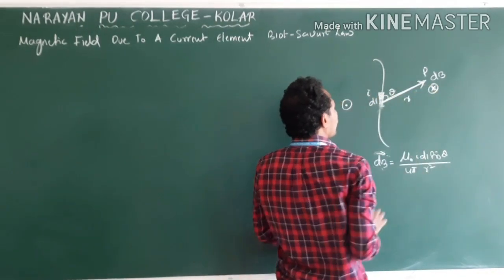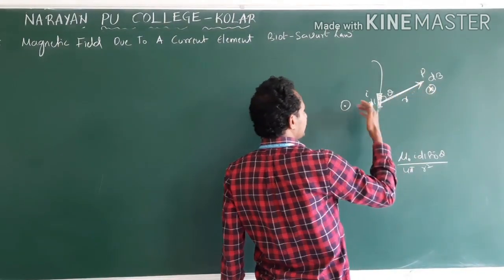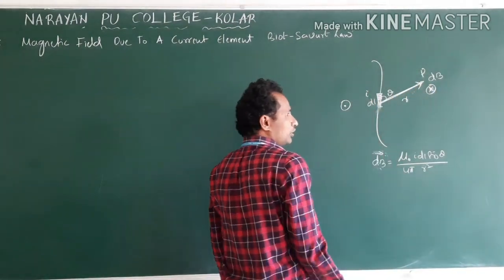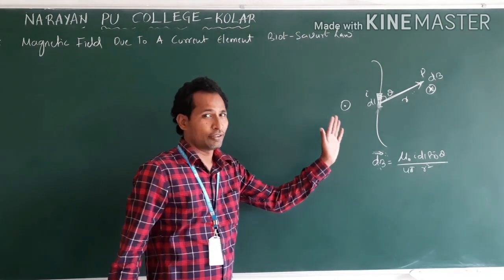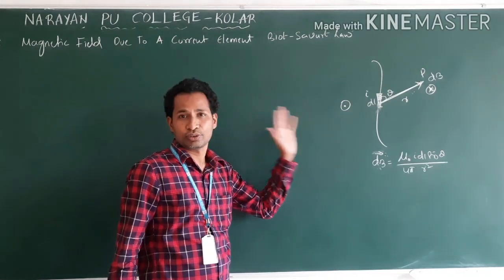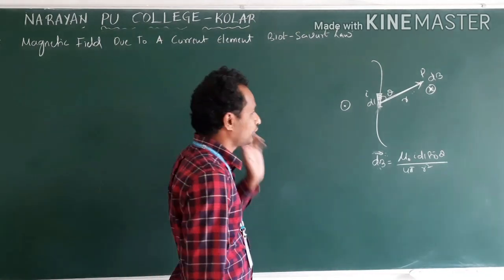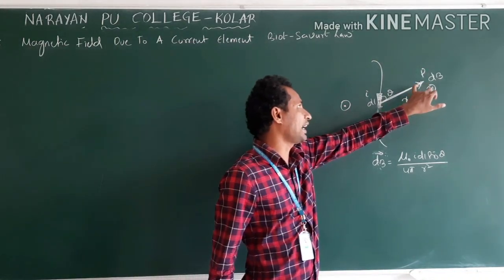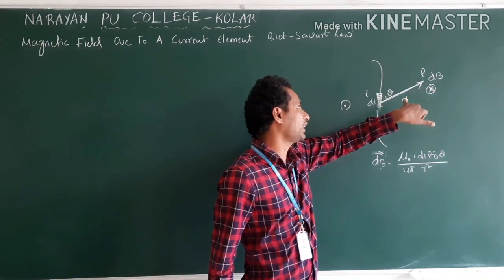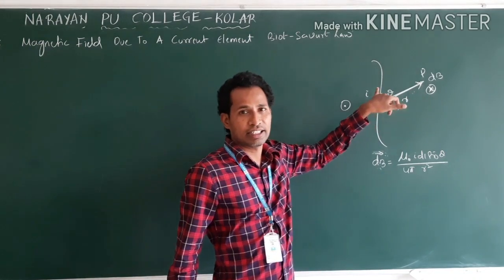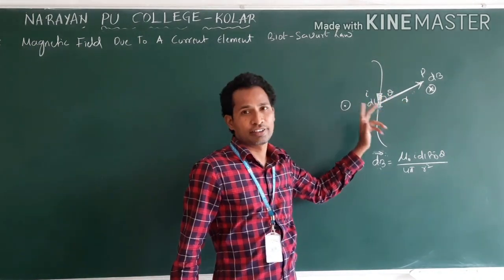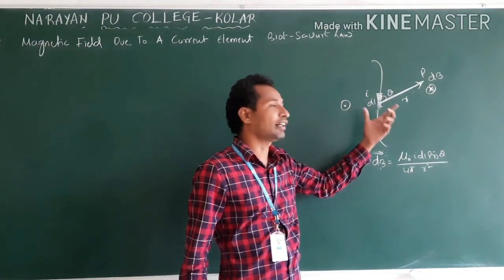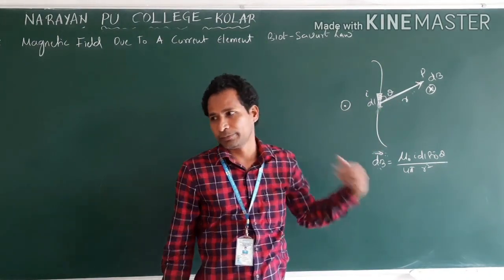The direction depends on the point where it is given, so that is very, very important. Understand? Remember this field always acts perpendicular to the position vector as well as the current element. Based on this we will find all equations. Clear?